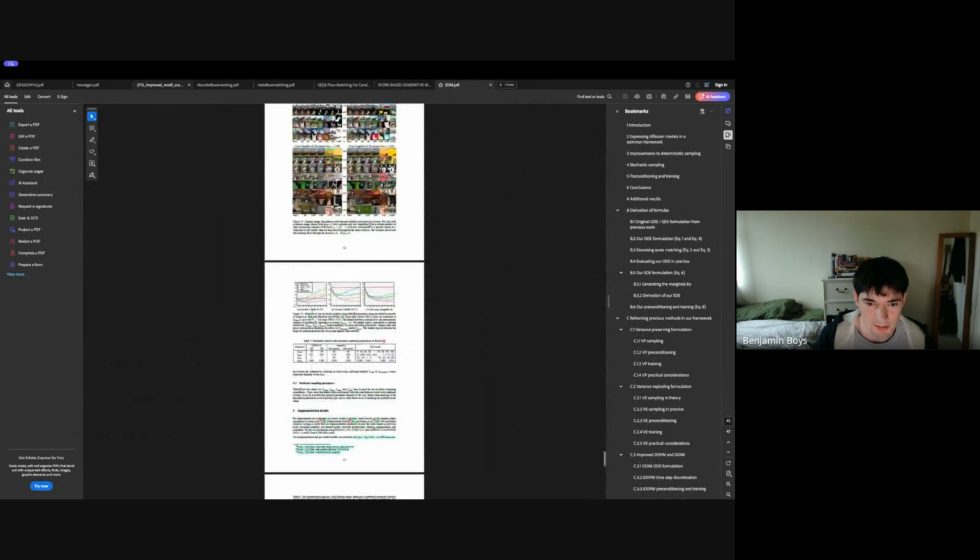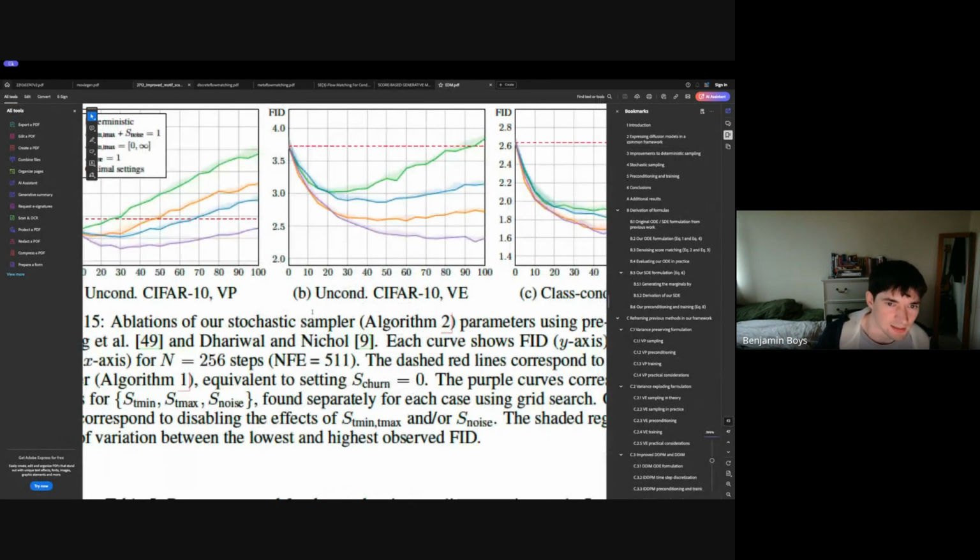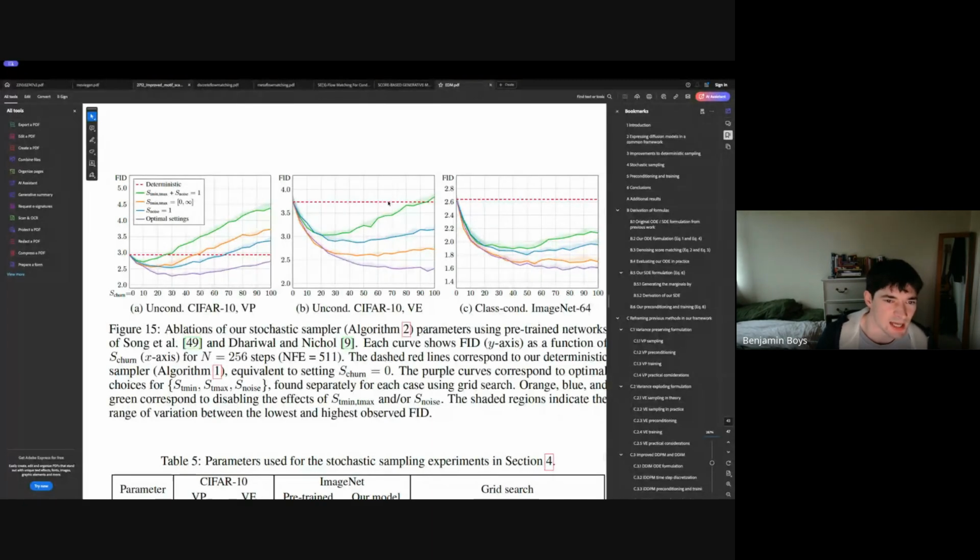If I can find, yeah, so the red line is like the ODE simulation, and everything else is some kind of level of randomness, churn in this Langevin dynamics. And so there's some minimum that corresponds to, you want some level of correction from the Langevin dynamics, which is going to just jumble up the particles a little bit and correct for some numerical simulation error.